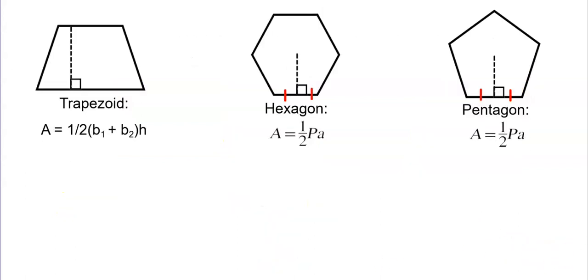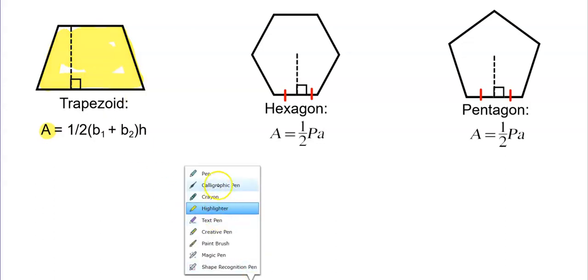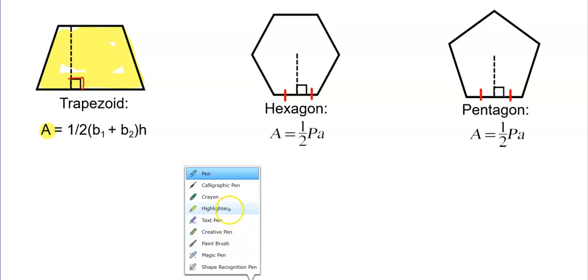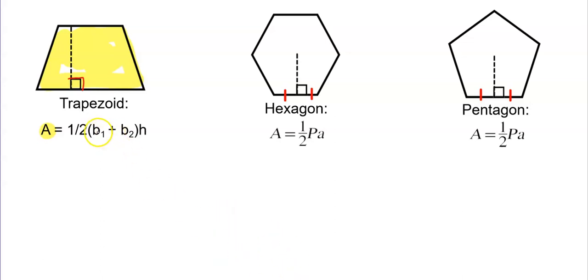Now let's talk about some shapes that we haven't talked about yet this year. A trapezoid. To find the area of a trapezoid, we're going to do 1/2 of base 1 plus base 2 times the height. Area, again, is the amount of space inside my shape. Notice we've got this right angle, and finding the right angle is super important, because that tells us where my base and my height are.